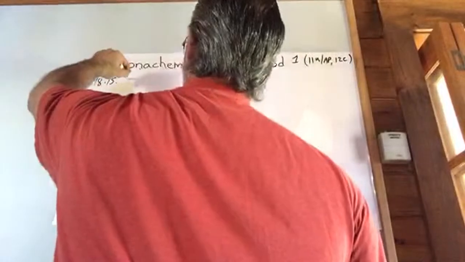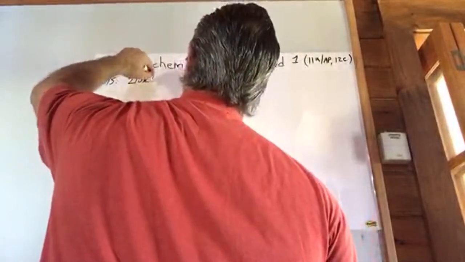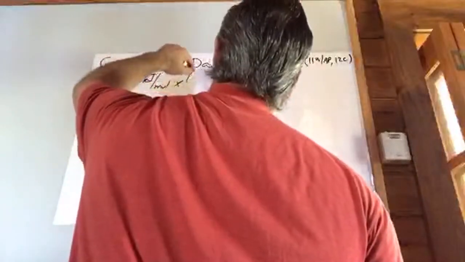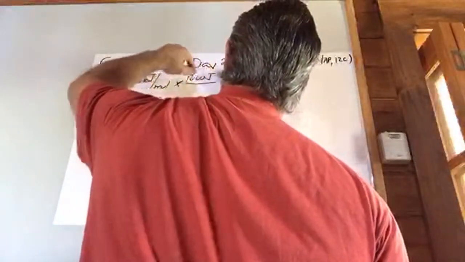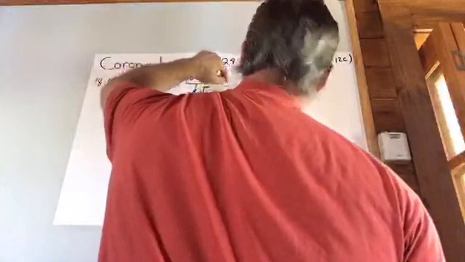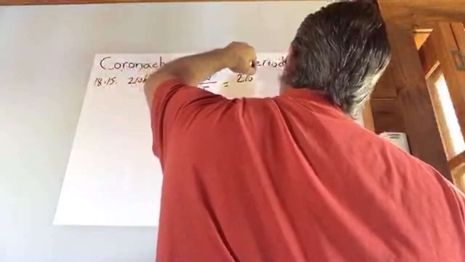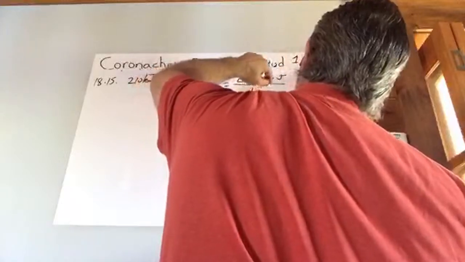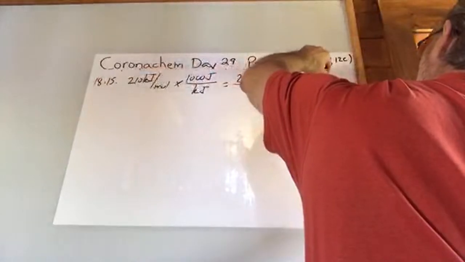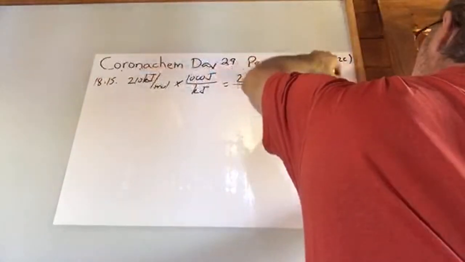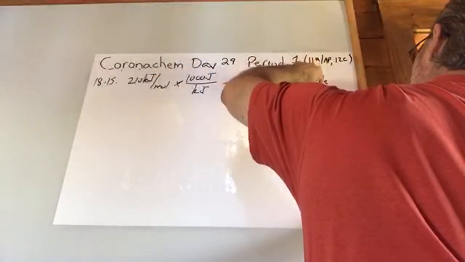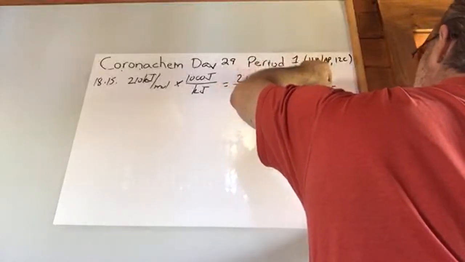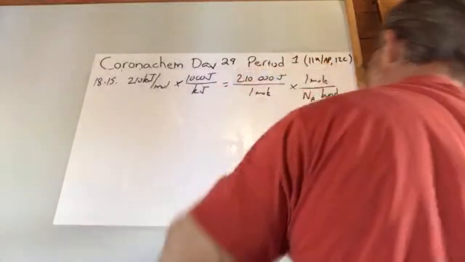So the bond energy is 210 kilojoules per mole. Now, if we multiply that by 1,000 joules per kilojoule, it converts the quantity to joules per mole, 210,000 joules per 1 mole of substance, times 1 mole per an Avogadro's number of bonds, 6.02 times 10 to the 23rd.